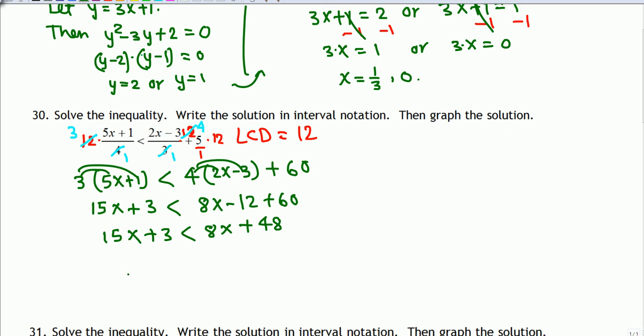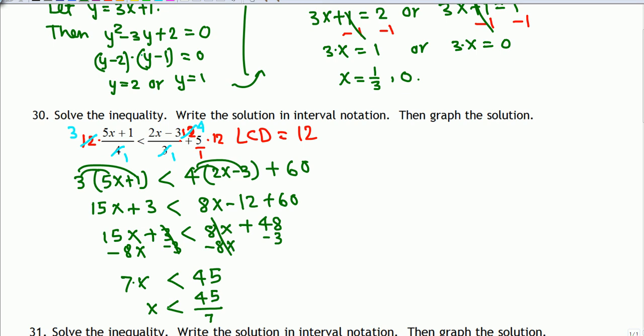Now we keep like terms on one side, like 15x and 8x, so subtract 8x from both sides, and subtract 3 from both sides as well. So 15x − 8x is 7x, strictly less than 48 − 3, 45. Now divide by 7, and you get x < 45/7.